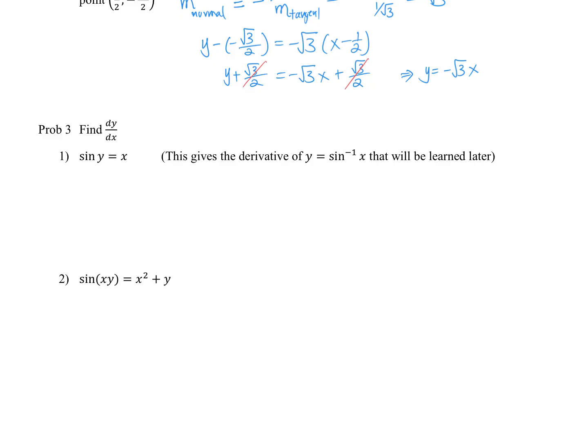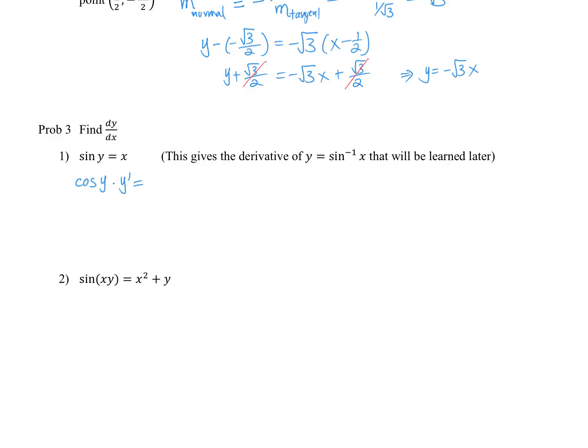Here we are going to say, let's differentiate both sides. Derivative of the left side will be cosine y. And again, you cannot stop here because when we find the derivative with respect to x, the variables do not agree. So we have to use chain rule. So we have to multiply by the derivative of y, which is y prime.